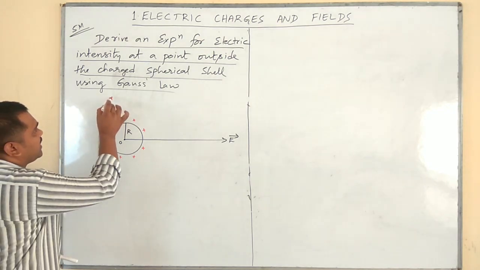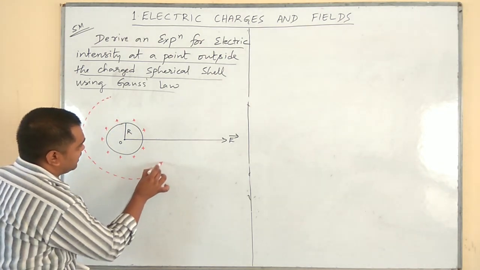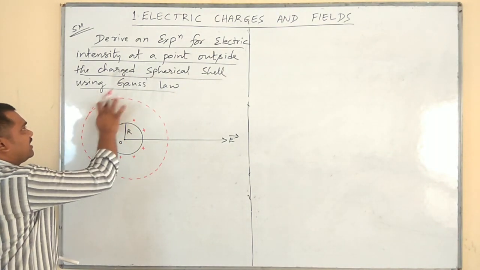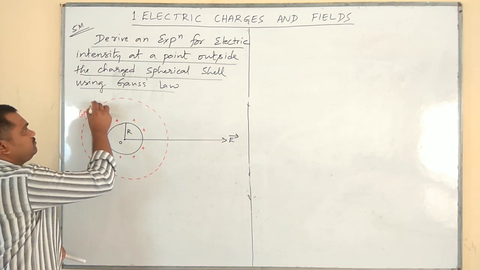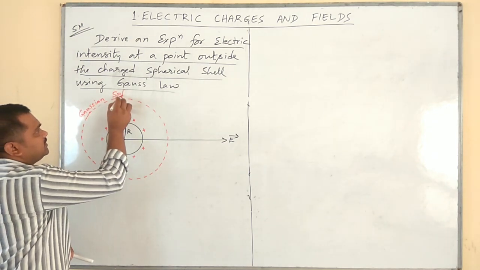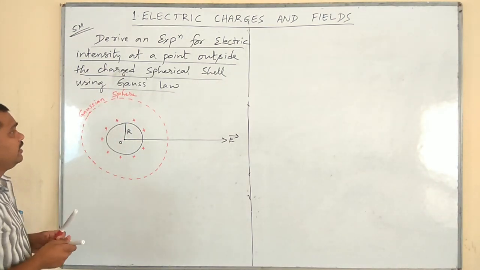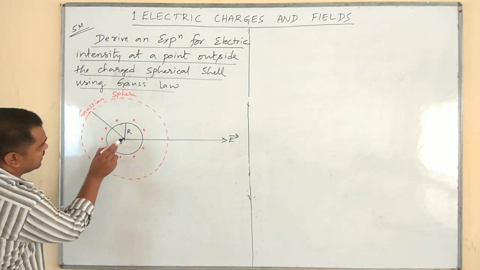Therefore, we have to imagine a spherical surface here, a spherical boundary, and I will call this the Gaussian sphere. Let small r be the radius of this Gaussian sphere.